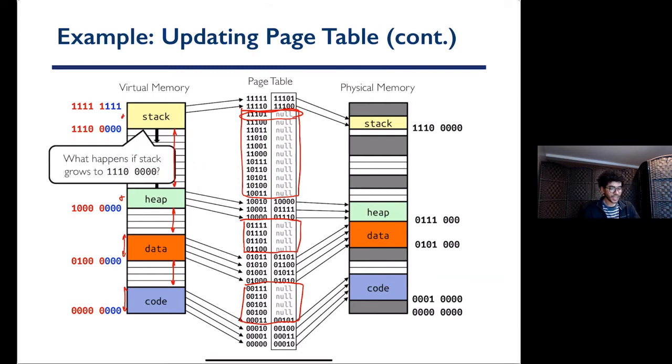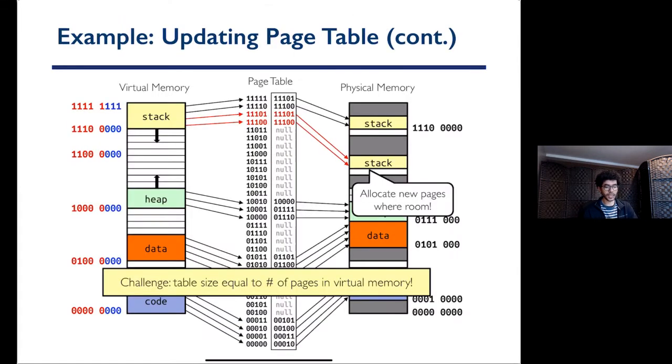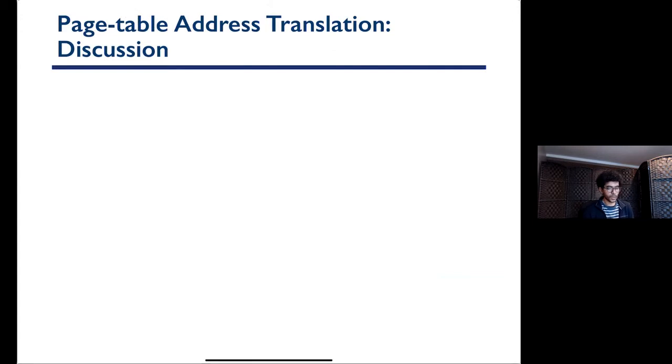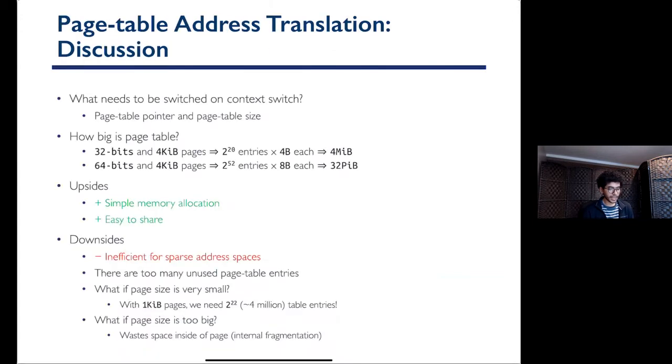So the size of the page table, as we discussed, is basically the number of virtual pages in my address space, not the number of virtual pages that I'm using. Okay, now, as we discussed, this is going to be really huge.